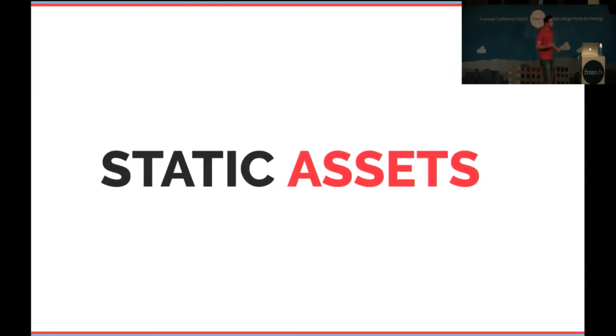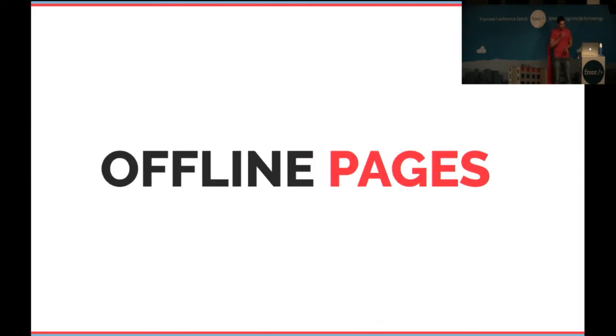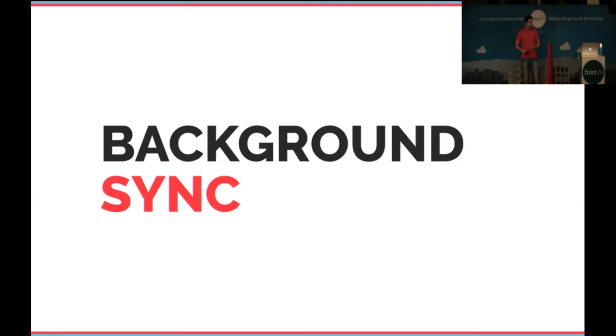You need to do something with those static assets, because there are files that we've built, our CSS, our JavaScript, that aren't changing that often, depending on how often you do deploy your front end of your website. We need to do something with making those pages offline, the actual content of the site. And then finally, background sync is a very exciting little feature that I can't wait to show you near the end of this talk.